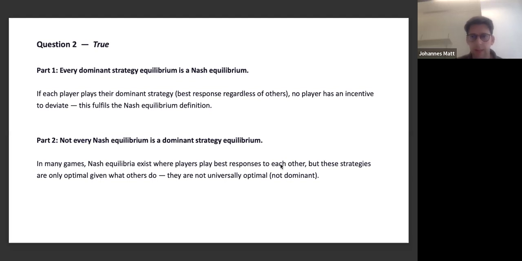And by way of explaining that, I think you've kind of answered the question, right? But you should of course say that in a dominant strategy equilibrium, I'm playing a strategy independent of what everyone else does. I have no incentive to deviate, and therefore it is trivially also a Nash equilibrium. So that element should be in your explanation.